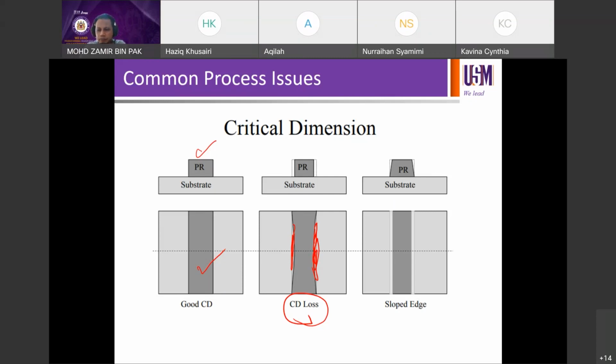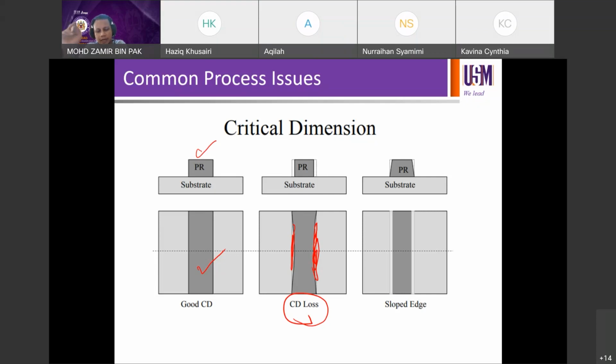Okay, so if you talk about scanner energy dose, katalah your CD just now you measure 125 and your spec is 100 nanometer, and the root cause that you found is due to the exposure dose drifting, and you're supposed to expose at energy X, but you're actually exposing at Y. So if you got 125, what do you want to do on the exposure dose if you're printing lines, anyone?